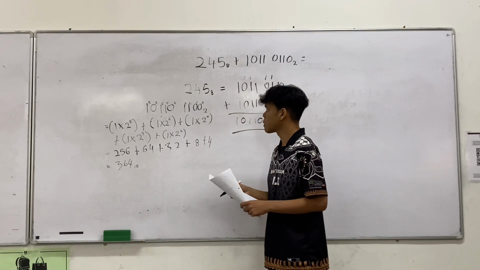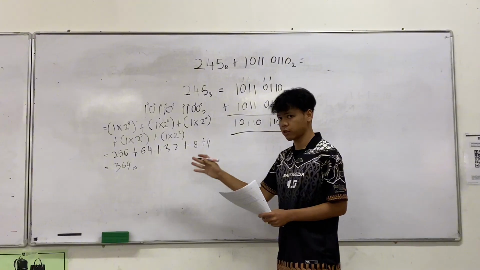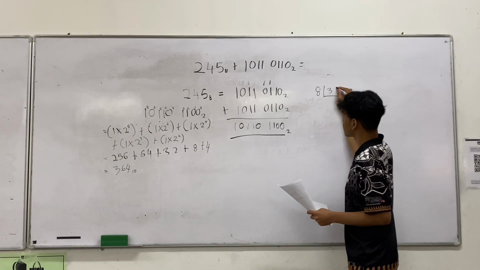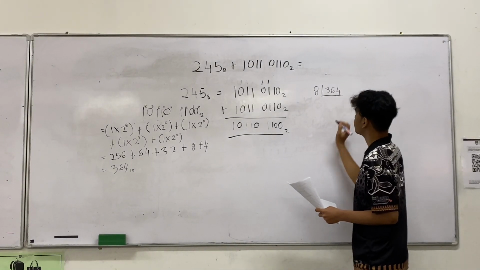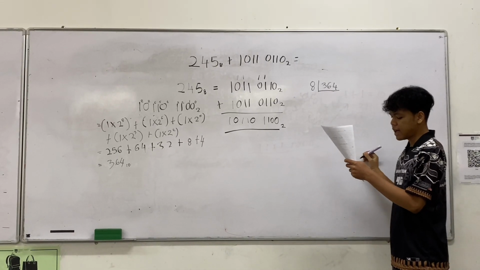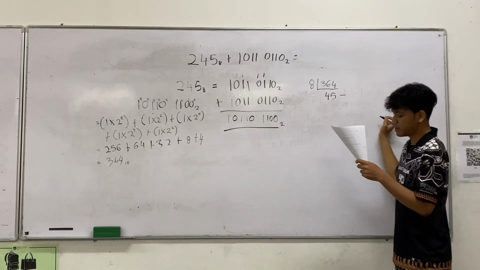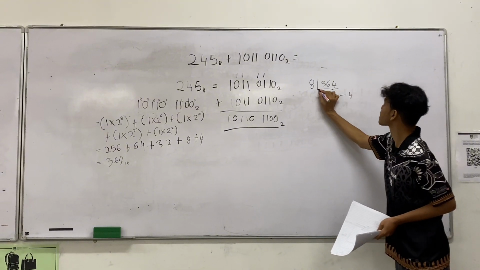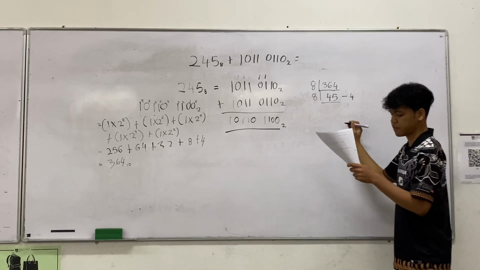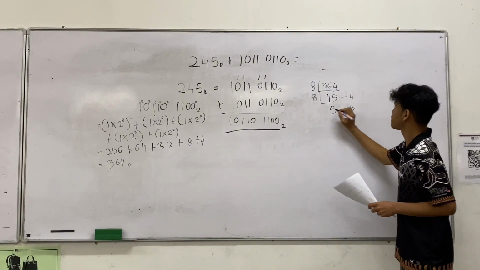So if we want to convert it into an octal number, we must divide by 8. 364 divided by 8 and we get 45, remainder 4. So 45 divided by 8 equals 5, remainder 5.